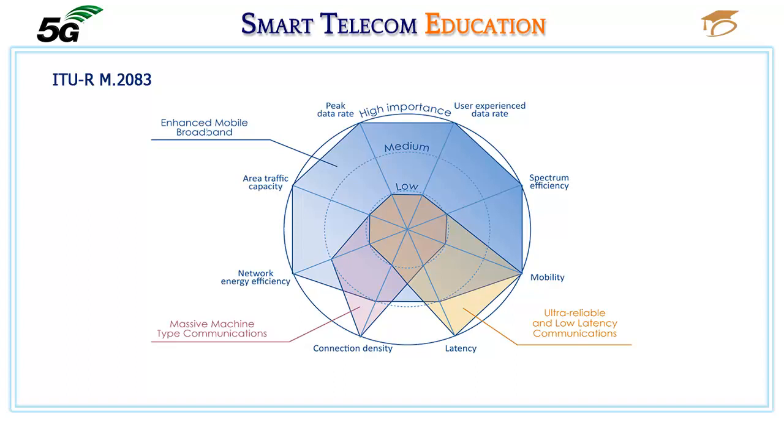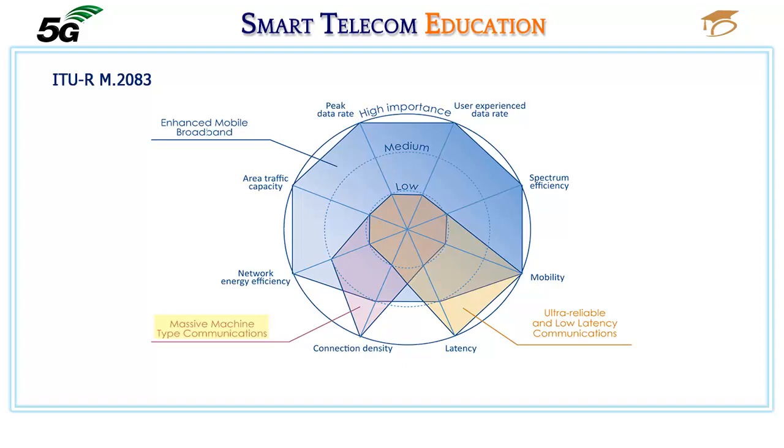ITU-R has defined the following main usage scenarios for IMT for 2020 and beyond in their recommendation, ITU-R M.2083. Enhanced Mobile Broadband, eMBB, to deal with hugely increased data rates, high user density, and very high traffic capacity for hotspot scenarios as well as seamless coverage, and high mobility scenarios, with still improved user data rates.